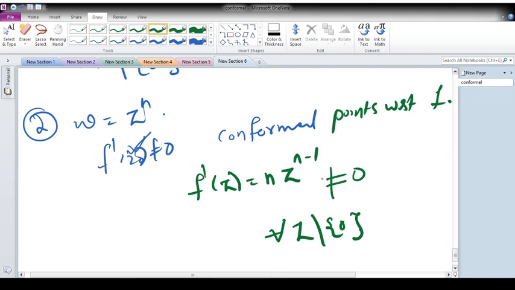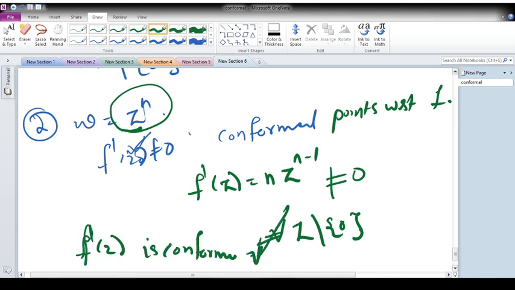So we can say this function is conformal for all points except the origin. f(z) is conformal for all z except 0.